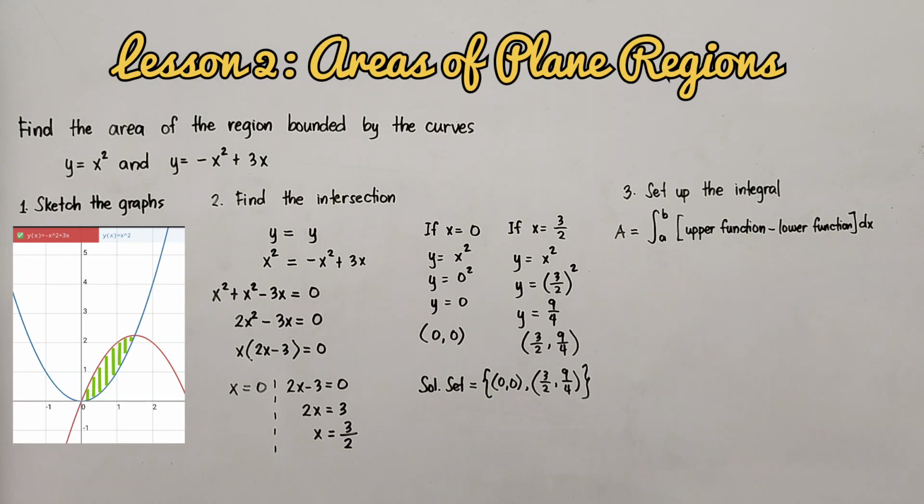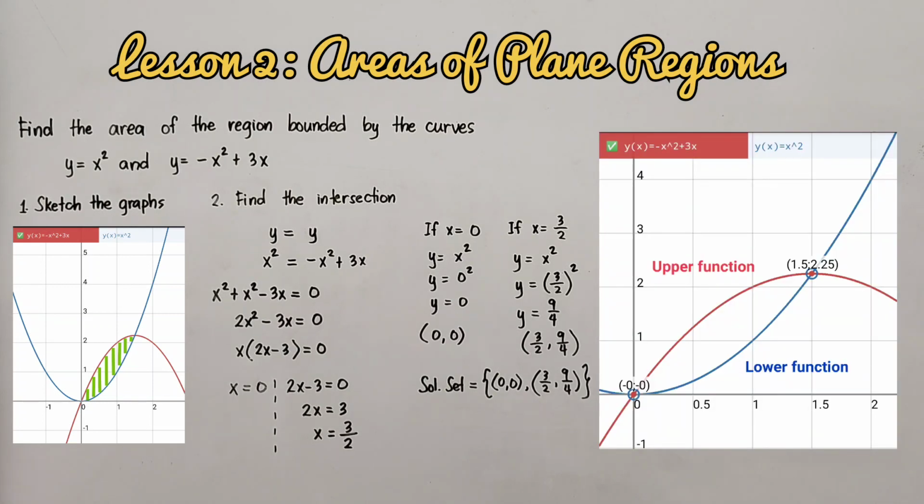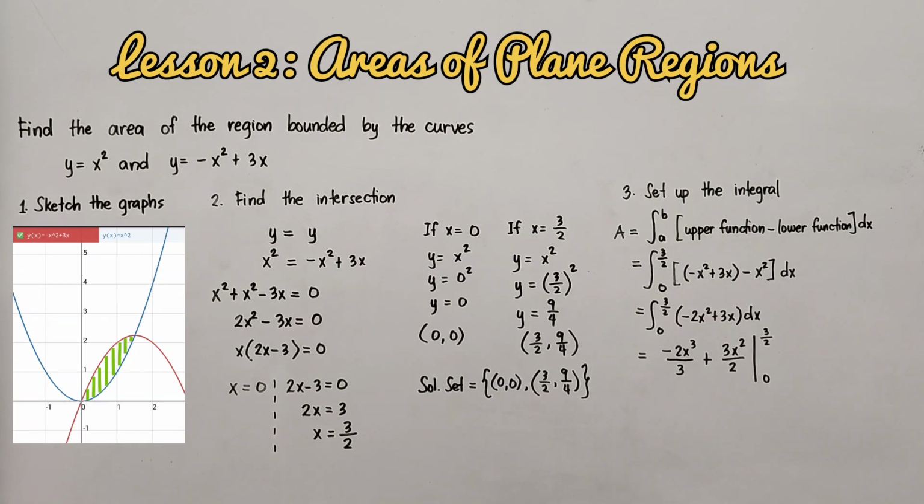Take note on the graph that the upper function is the graph negative x squared plus 3x and the lower function is the graph x squared. By substitution, we have the integral of the upper function negative x squared plus 3x minus the lower function x squared dx from 0 to 3 over 2.